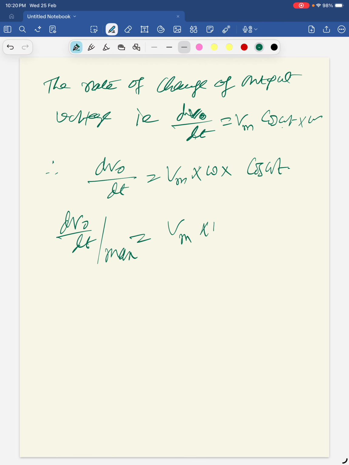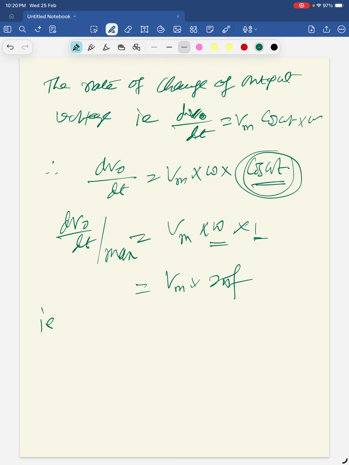So Vm into omega, and cos omega t maximum value is 1. So this one is Vm omega. Now Vm into omega means twice pi f, so dV0/dt max is equal to Vm into 2 pi f.